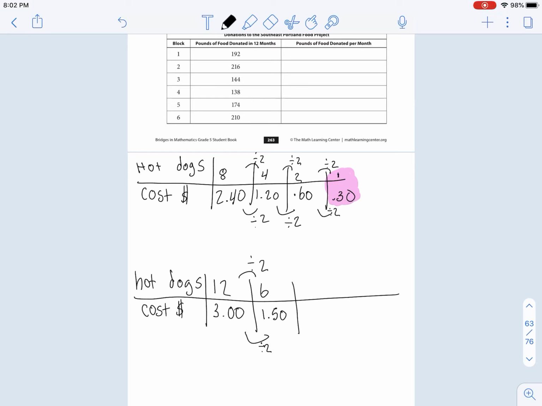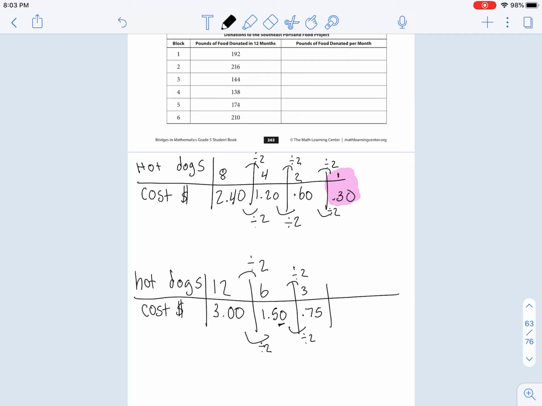I'm going to keep going until I get to 1 hot dog. Here I'm going to divide by 2 again. Half of 6 is 3. I know that half of $1 is 50 cents. And then I still have this 50-cent piece left, and half of 50 cents is 25 cents. So 50 cents plus 25 cents is 75 cents. Now I'm super close to 1 hot dog here.